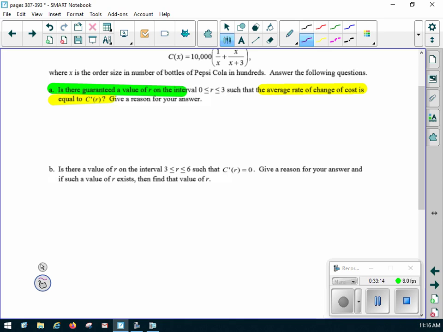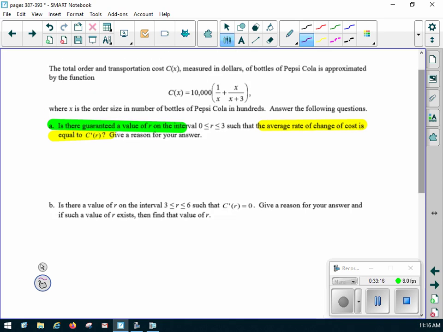Is this function continuous on the closed interval 0 to 3? First of all, I want you to look here and decide, where is this function discontinuous? What's not in the domain? -3 and 0. Is this function continuous on the closed interval 0 to 3? No, because this thing's not even defined at x equals 0.